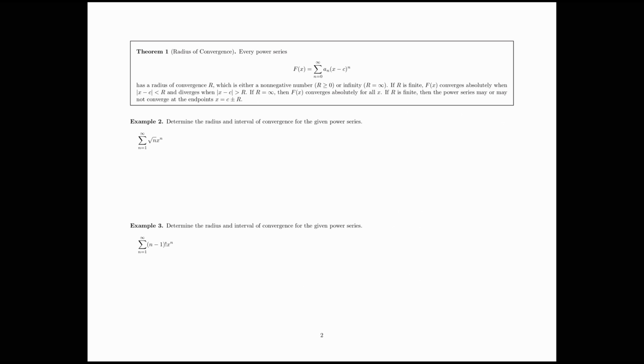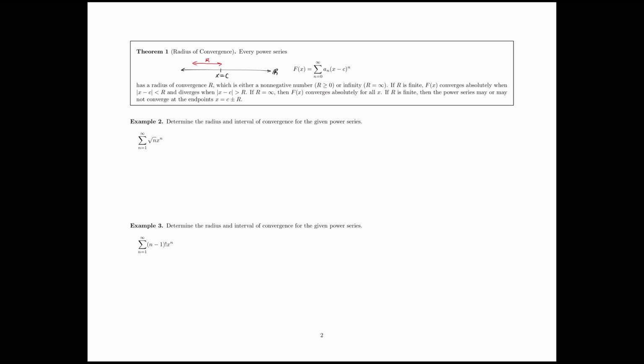So it's best to visualize this as a number line here. Here's our real number line. And then at some location, we have our value c, the center of our power series. Now, the radius of convergence R is either infinity or a finite number. If it's a finite number, then let's say this distance is right here.